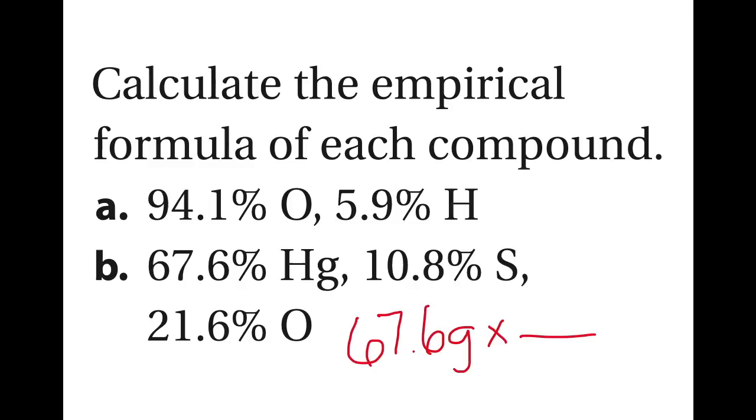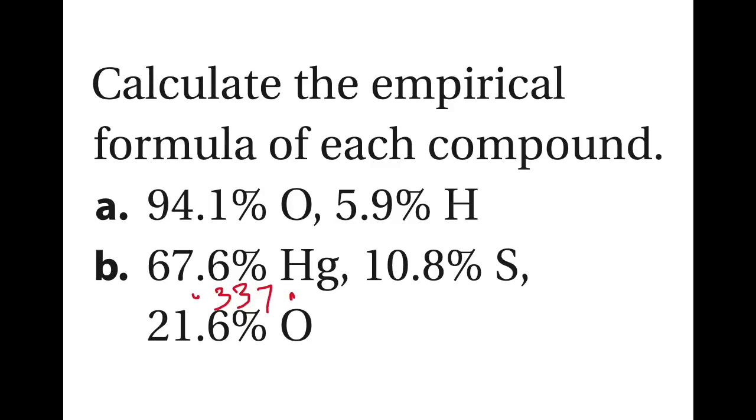If you look at the mass, it's 200.6 for 1 mole of mercury. So when you do the math, you go 67.6 grams times 1 mole divided by 200.6. You get 0.337 because you have 3 significant figures. So 0.337 moles of mercury.